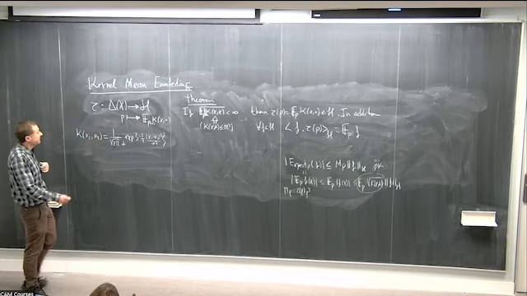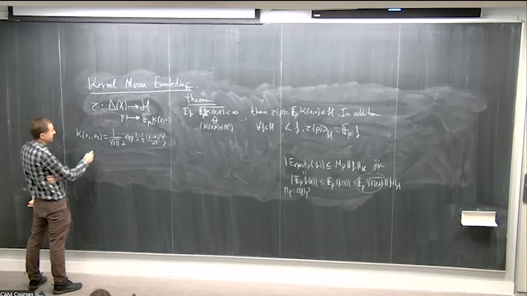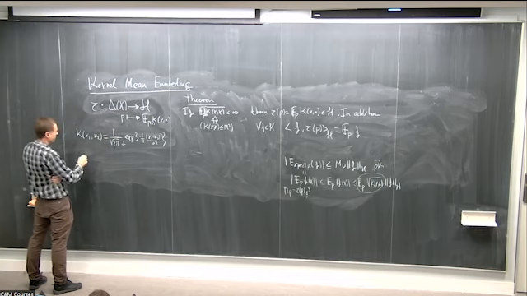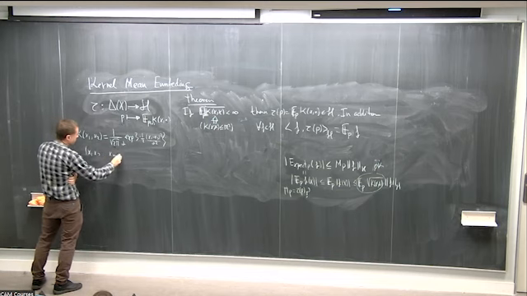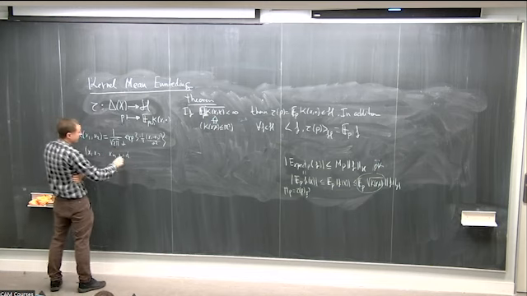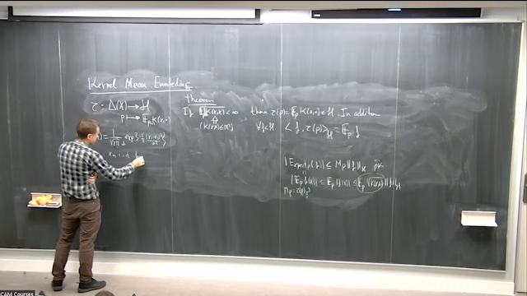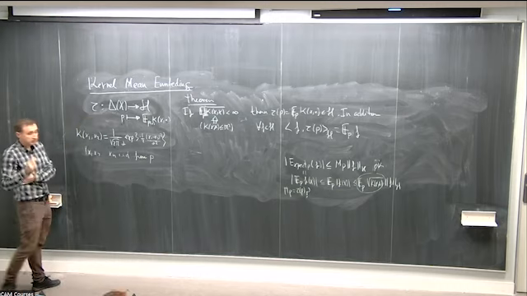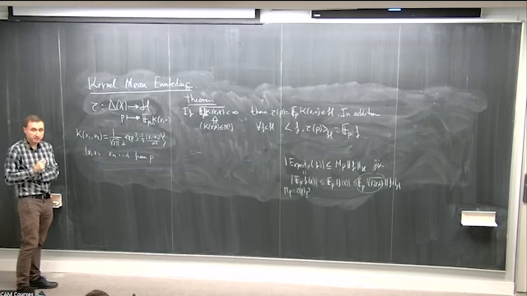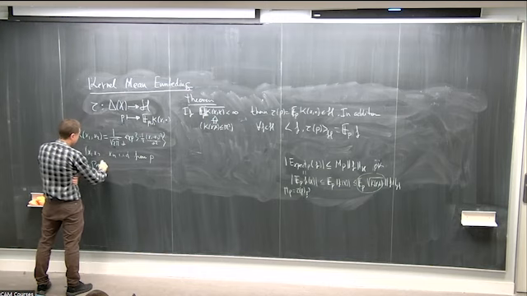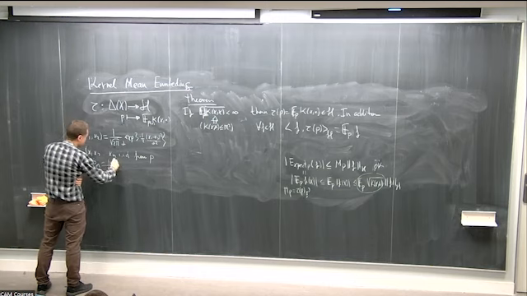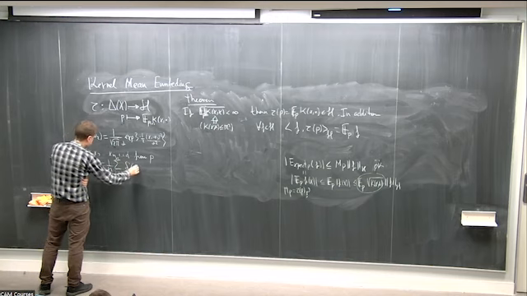We can define this for any probability distribution. So if I have n IID samples from some distribution P, I can create the empirical distribution of these n samples.